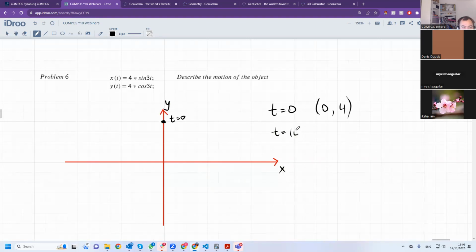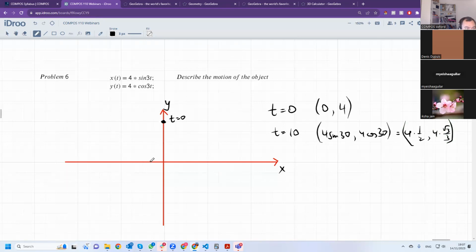Let's take t is 10. If we take t is 10, this is going to be 4 sine 30 and 4 cos 30, which is approximately 4 multiplied by a half and 4 multiplied by square root of 3 over 2.